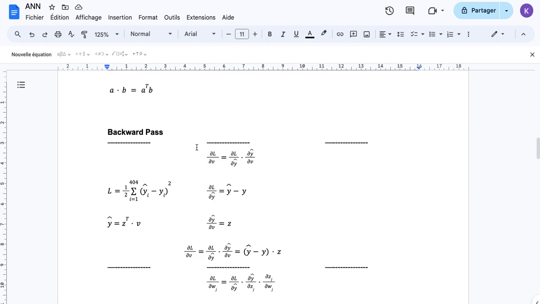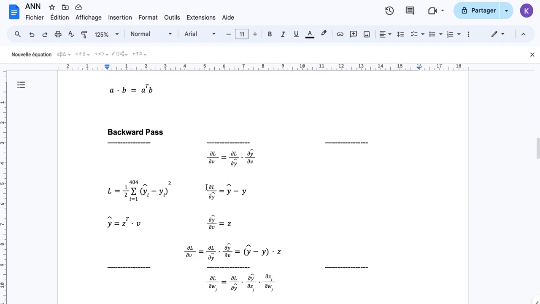According to the chain rule, the partial of the loss function with respect to weight vector v is equal to the dot product of the partial of the loss function with respect to prediction vector y hat and the partial of prediction vector y hat with respect to weight vector v.